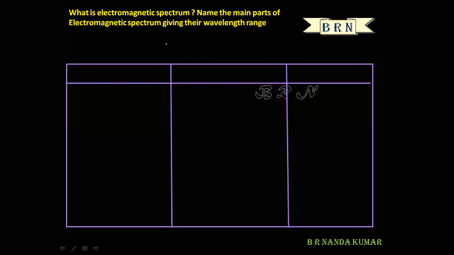So what are the electromagnetic radiations? Gamma rays, X-rays, UV rays, visible rays, infrared rays, microwaves, and radio waves. Those are the radiations of electromagnetic waves. Let us consider the chart. The first column contains the radiations, the second one the wavelength range, the third one discovered by.